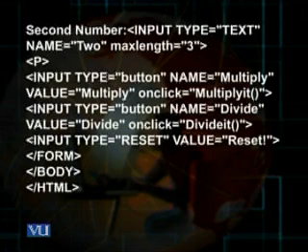Similarly, using another input tag, now I create my divide button, and onclick value is now divideIt. That means that when the user clicks on this button divide, the control would be shifted to the function divideIt, where I have written my formula. Then the reset button, then I close the form, body, and HTML tags.